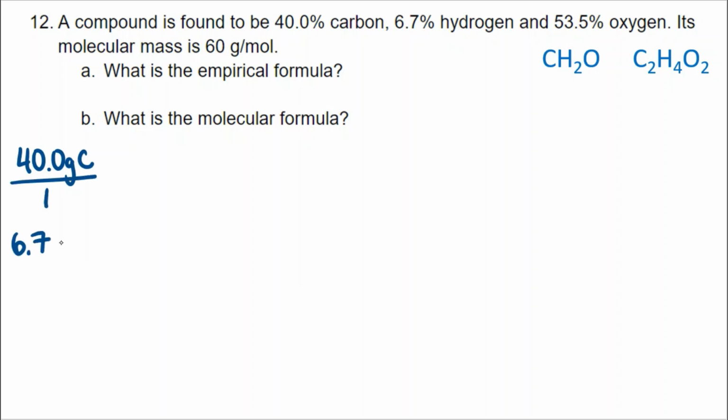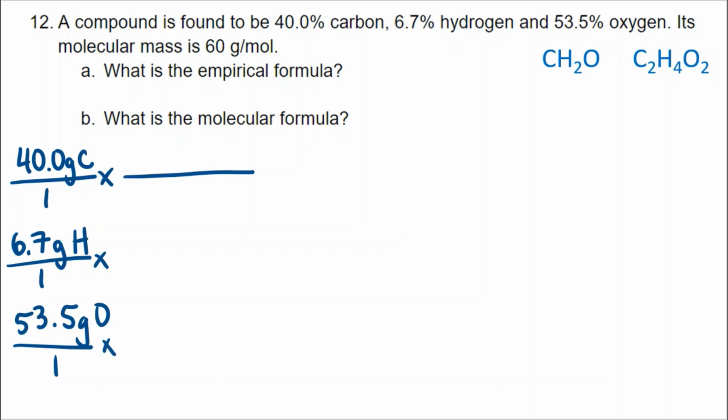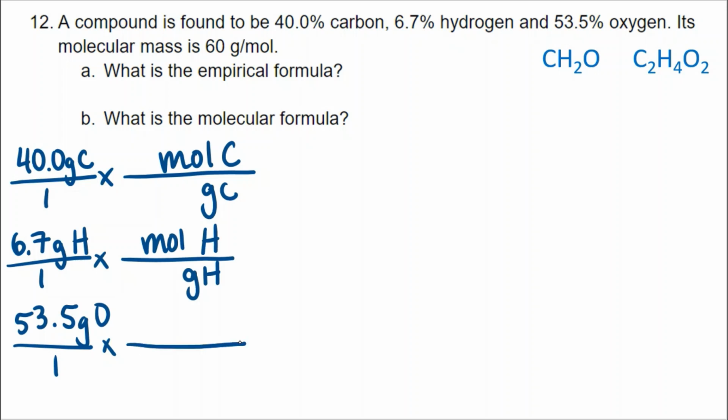Then we have 6.7 grams of hydrogen over 1 and 53.5 grams of oxygen over 1. So I'm going to go ahead and convert all of these from grams into moles. So grams of hydrogen into moles of hydrogen, and grams of oxygen into moles of oxygen.